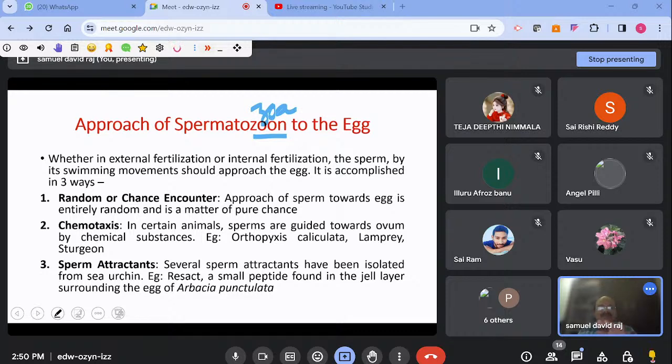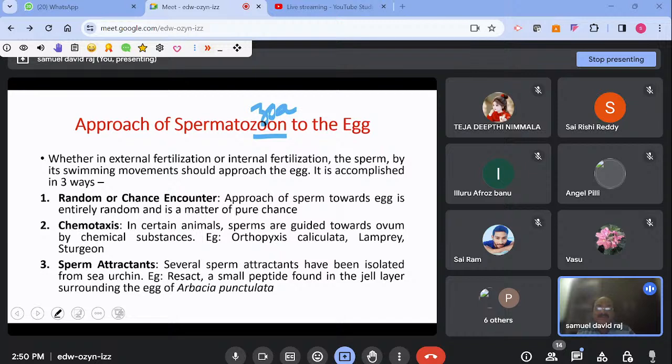In the case of external fertilization, it shows swimming movements within the water. In the case of internal fertilization, it shows swimming movements as it passes through the female reproductive tract along with the semen or the secretions secreted by the female reproductive tract.